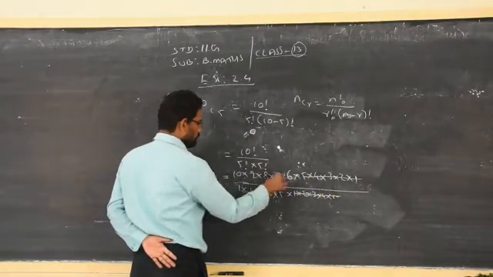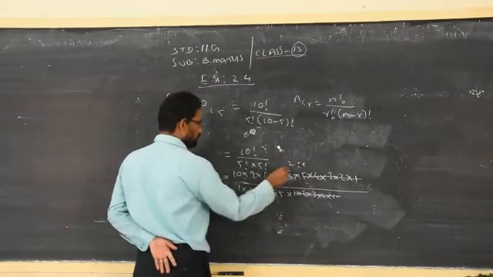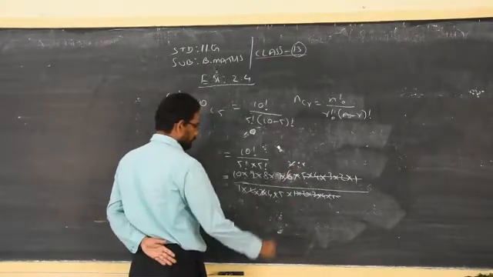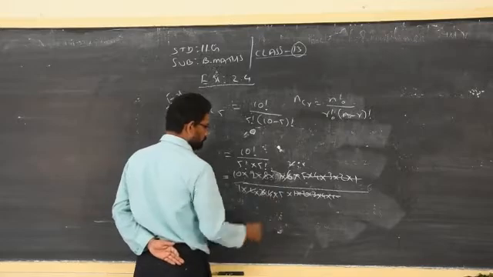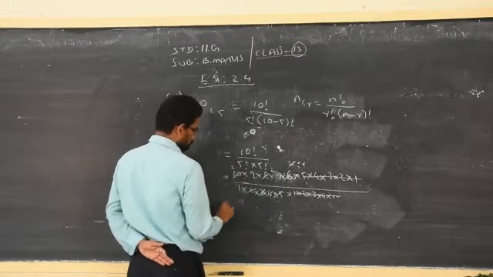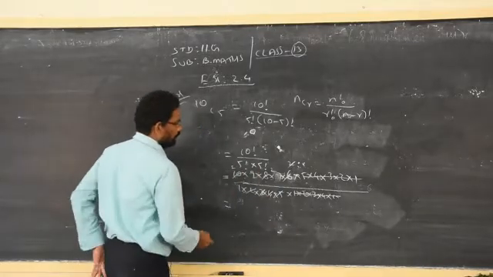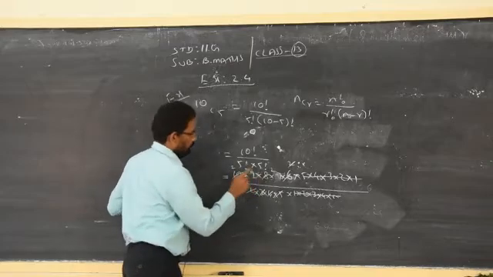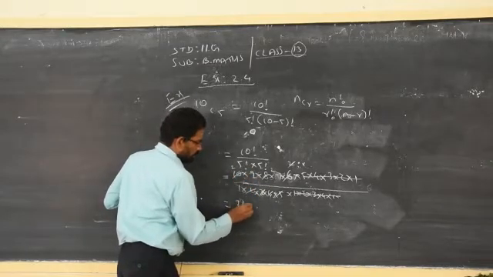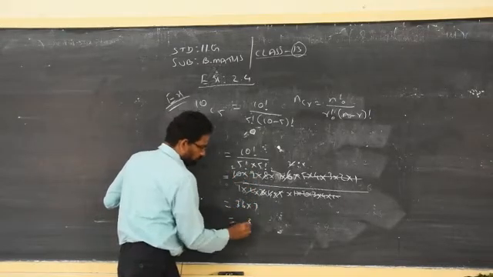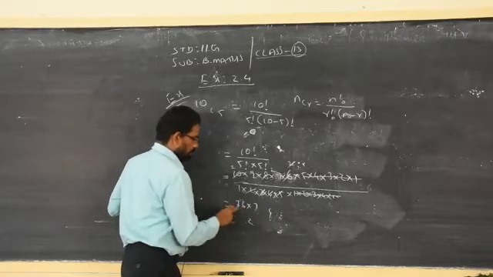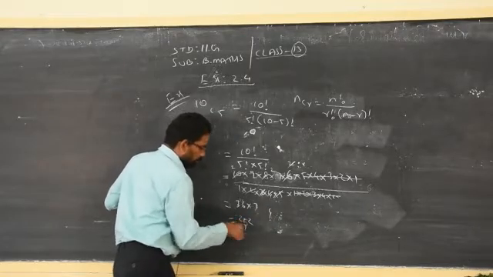Then this 3 will go 2 times, this 2 gets cancelled. Else 4 times, this will be 2 times. So 2 2s are 4, 2 2s are 4, 4 9s are 36, 36 into 7, 7 6s are 42, remainder 4, 7 3s are 21, so 252.